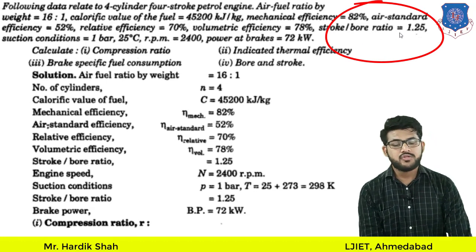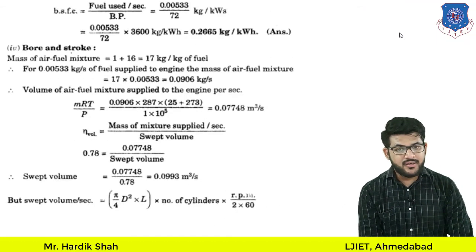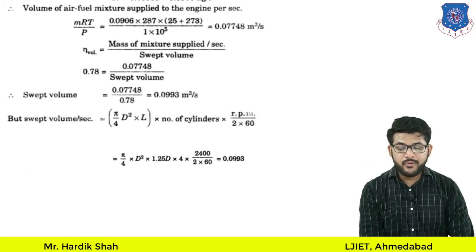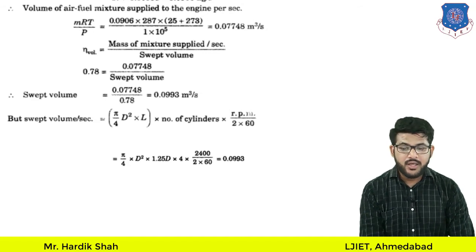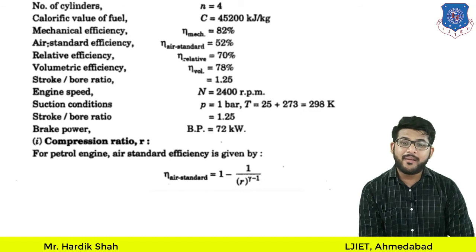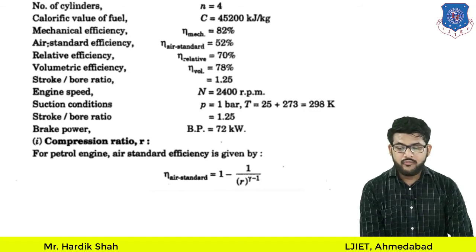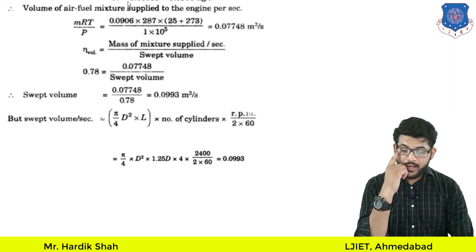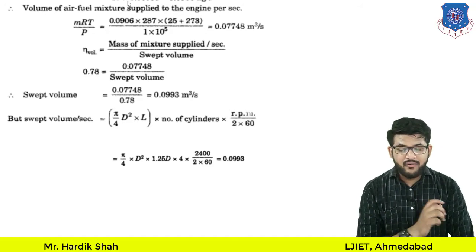Okay. So what we will do, we will take this ratio here. So we will substitute L by 1.25D. So from this ratio you can say that L will be 1.25 times the bore. Okay. So we can put it in the formula, and all the values are available now. Fine.